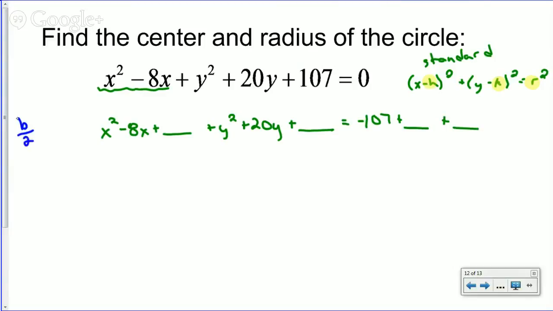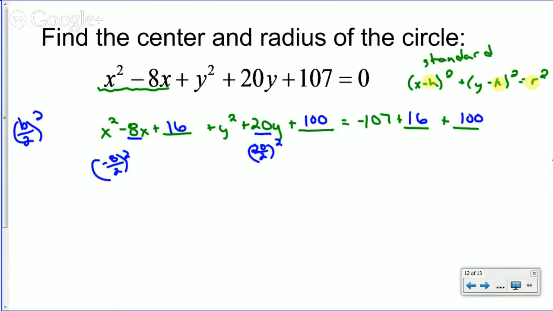Well, it's b divided by 2 squared. So here's b, -8 and 20 are my b's. So -8 divided by 2 squared is 16. So I add 16 to the other side as well. And then 20 divided by 2 is 10, squared is 100.